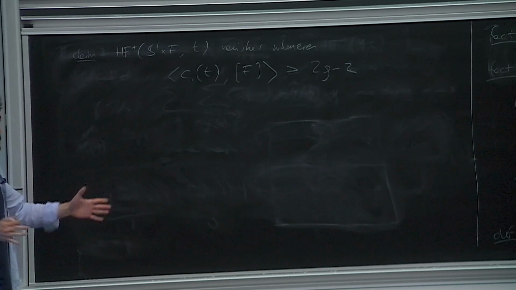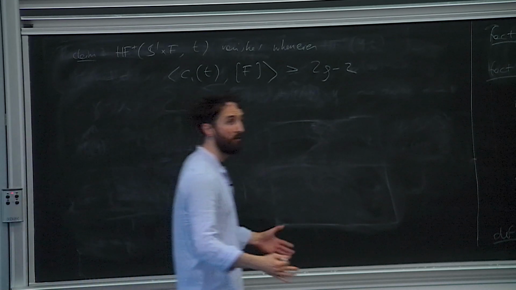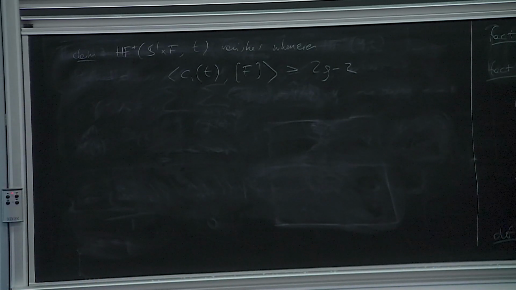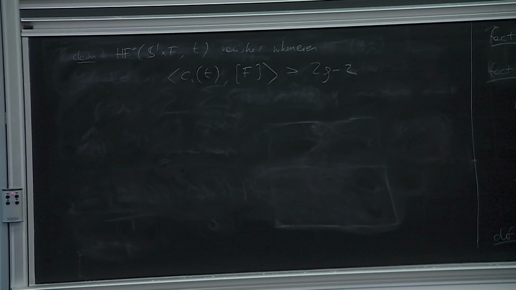So there's a compact region of non-vanishing for these groups. This is for c non-torsion. This is a general statement about vanishing or non-vanishing of Floer homology groups.